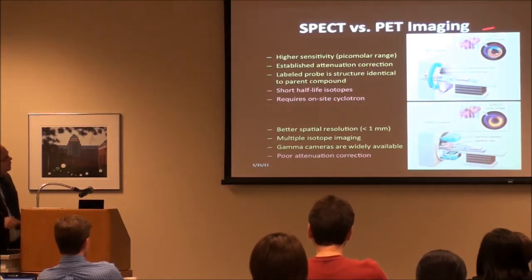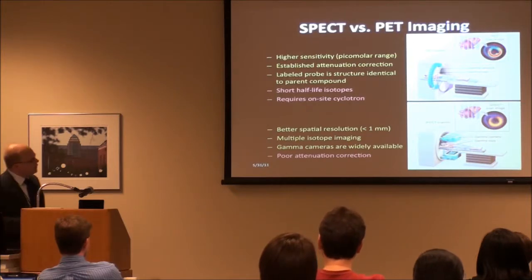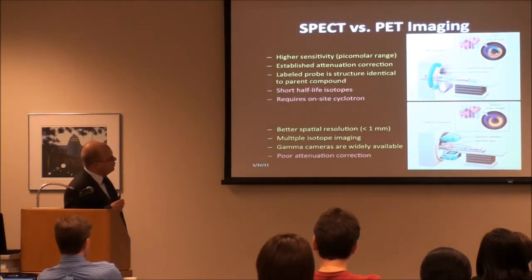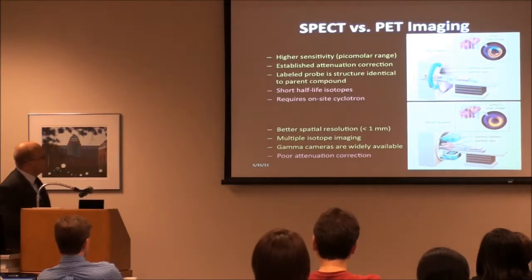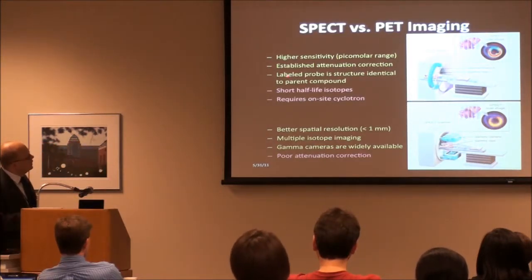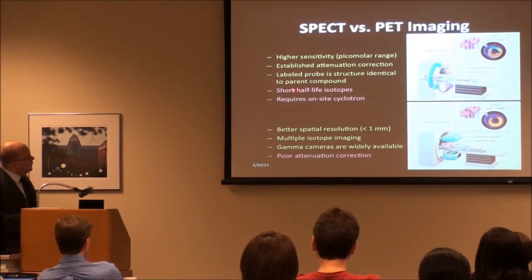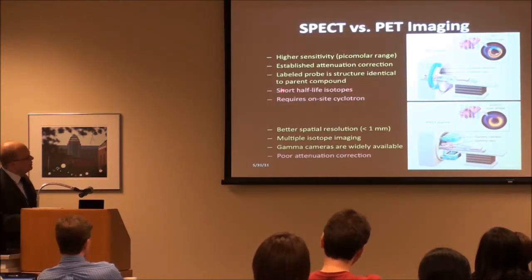The PET technique, which is shown over here, and how the PET scanner works, I will show you in a few slides. There is established attenuation correction. The labeled tracer, for example for PET imaging, is structurally identical to the parent compound. And it has some disadvantages.